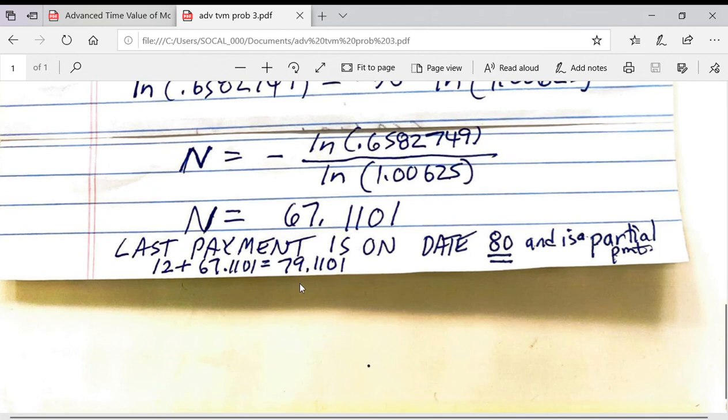We'll have that payment at date 79, but we still need a little more. So there will be a payment on date 80, and therefore the last payment is on date 80 and is a partial payment, because 12 plus 67.1101 equals 79.1101, and therefore we're not done at date 79. We've got a little bit more to pay, and so at date 80 we'll make a partial payment. And that's the answer to number 3, and thanks for watching.